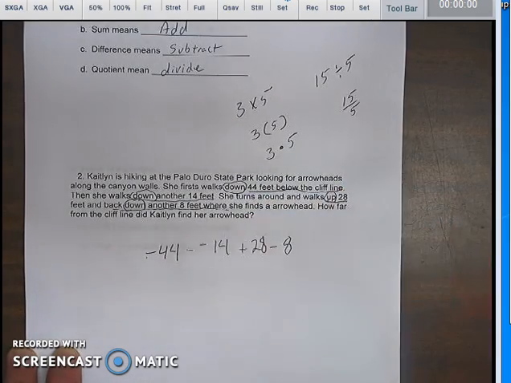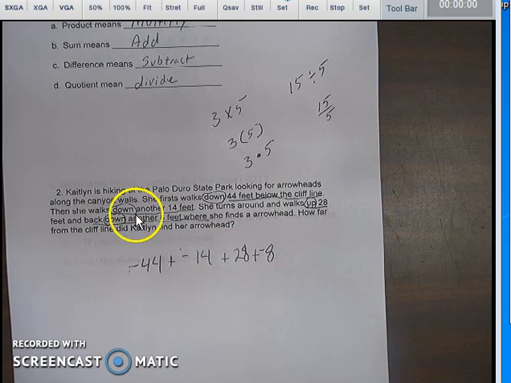Okay, so right here, she went down 44, then she went down 14 again, so you want to add a negative. If you had just done a subtraction, that would have perfectly been fine too. You just would have had to go back and keep it, change it, okay? So I always just add the negative, okay?